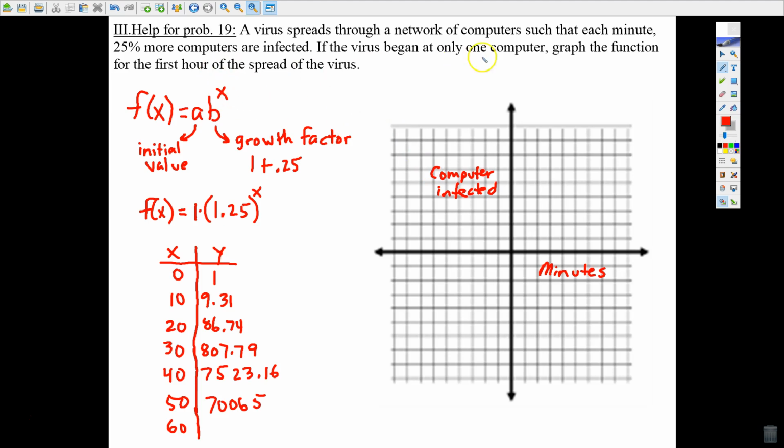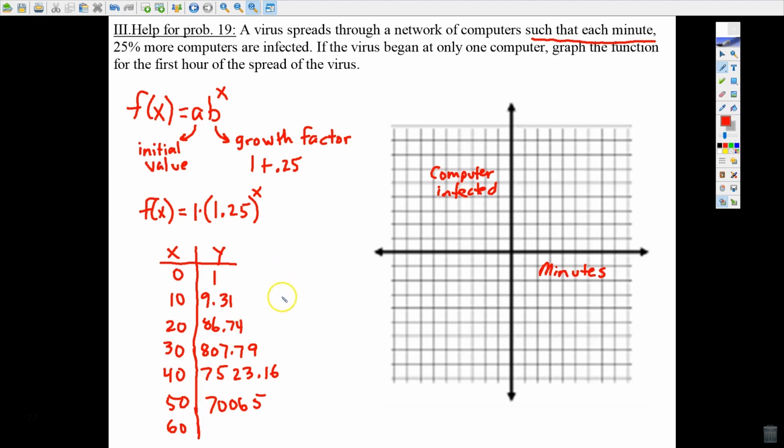So the first 60 minutes, or first hour. It is important that you understand why X represents minutes, because that's the unit of time at which the infection is taking place, 25% per minute.